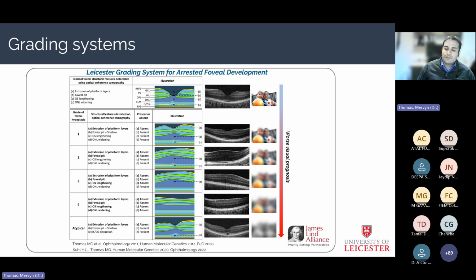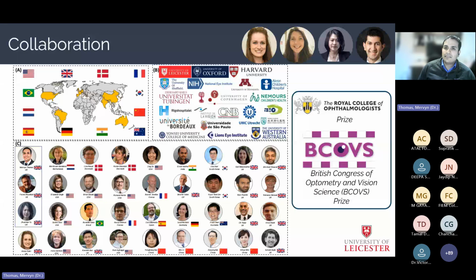So what we had to do was obviously collaborate with a number of different centers, and this was one of my PhD students, Helen, who undertook this work, together with support from other colleagues within my group. We gathered data from a huge number of centers across the UK, but also across the world.